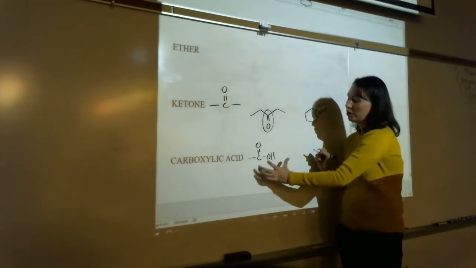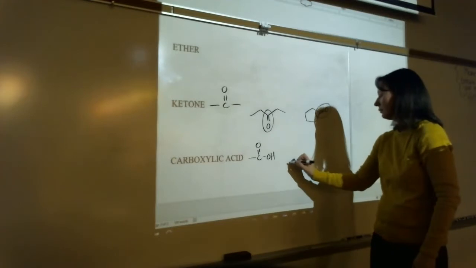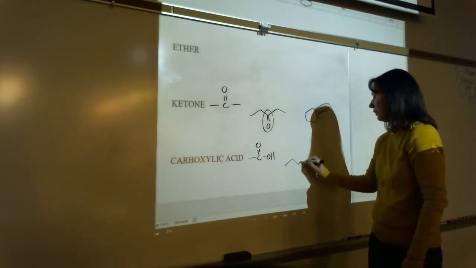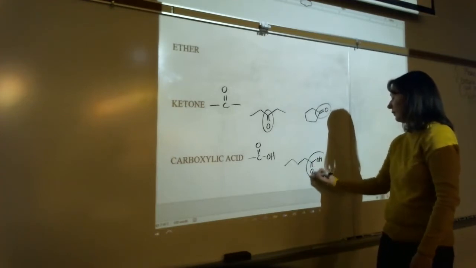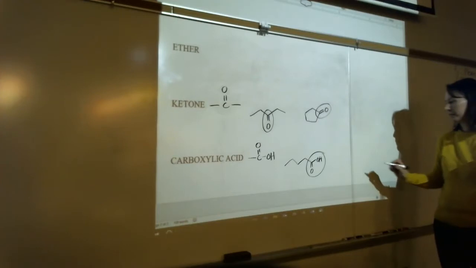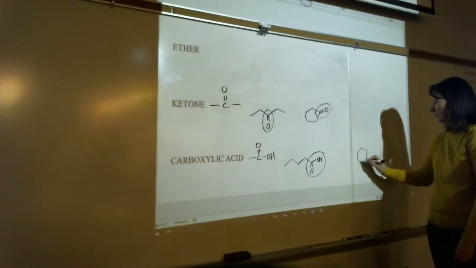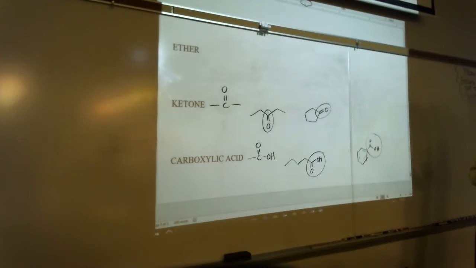Because when they are together, that unit is called a carboxylic acid. So if you had this, that would be a carboxylic acid. Okay? There's benzoic acid. You see that a lot of different places.